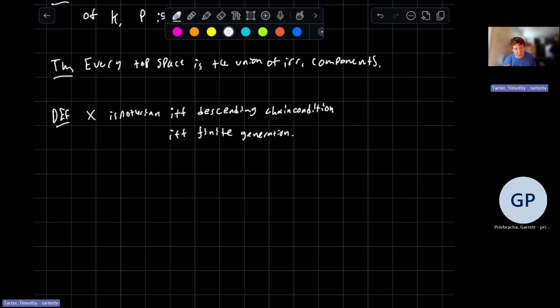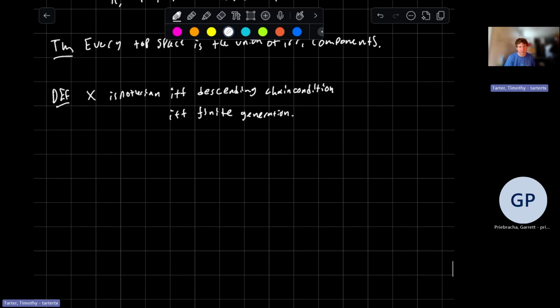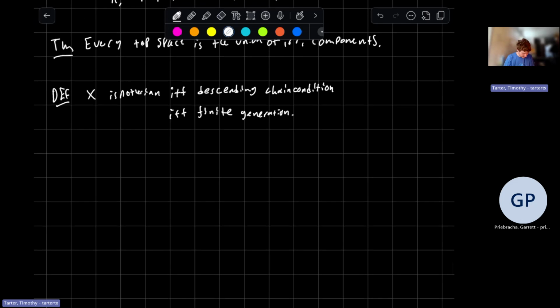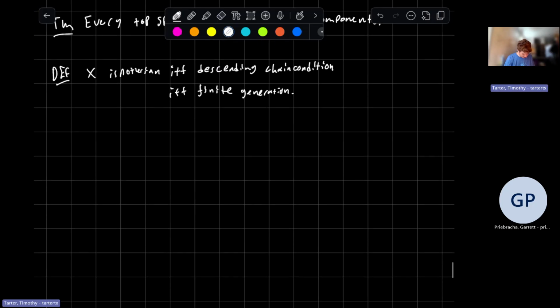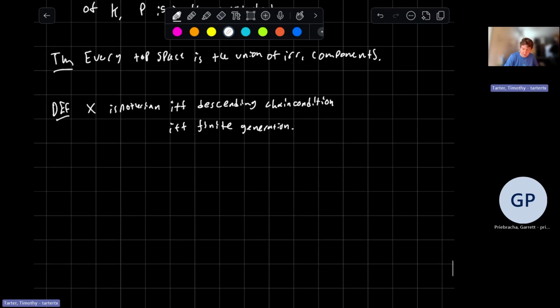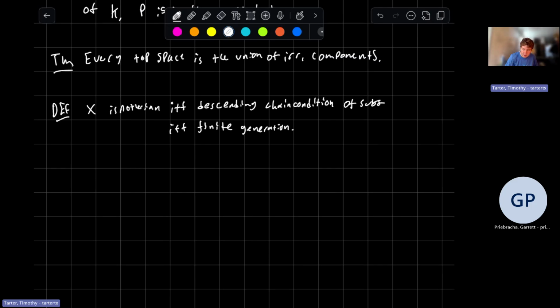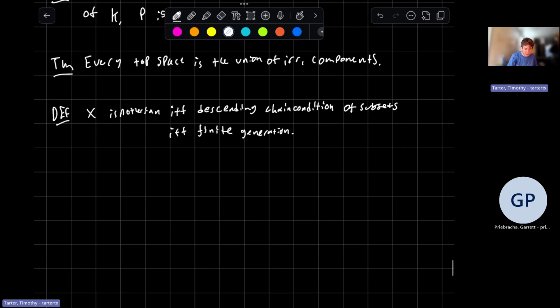So a topological space is Noetherian if it satisfies the descending chain condition on closed subsets. All of this is stuff that we've proved before.